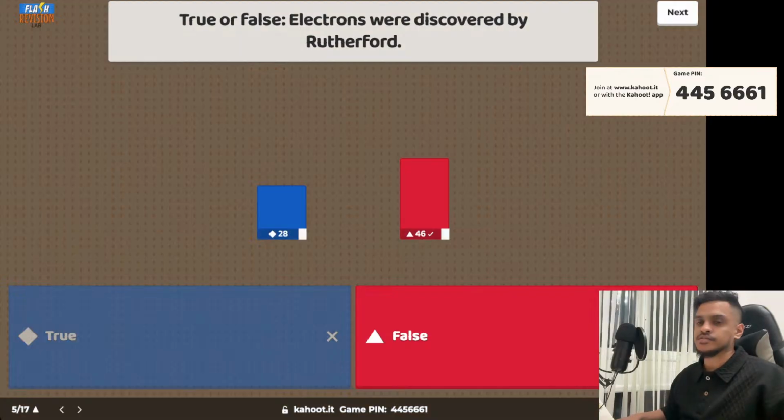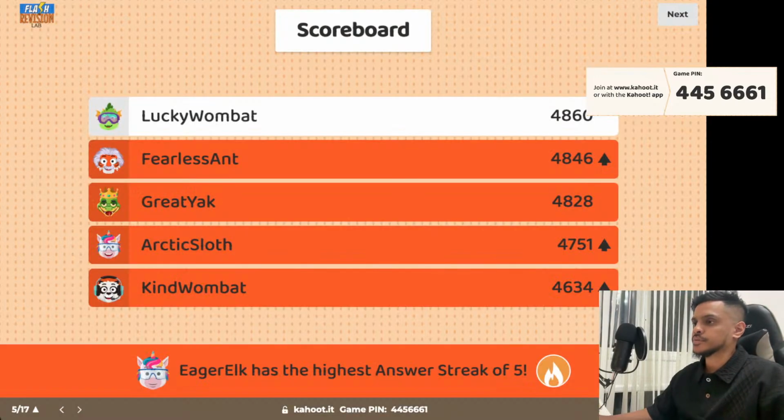You need to know what they discovered. False. Who discovered electrons? It's J.J. Thomson. Yes, it is. J.J. Thomson discovered electrons. Rutherford discovered, I mean, that's biology. To the next one.